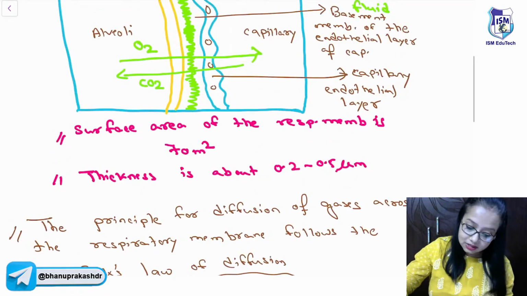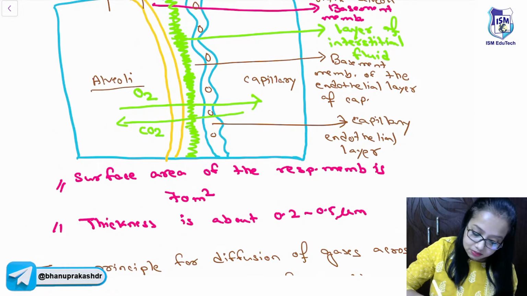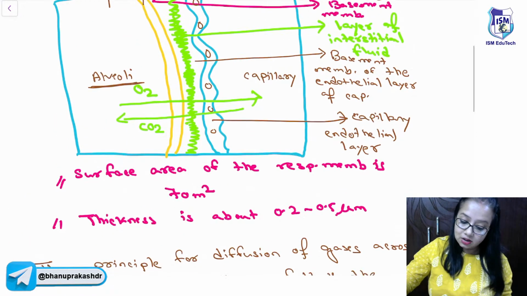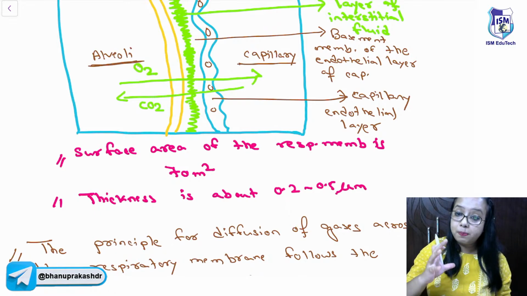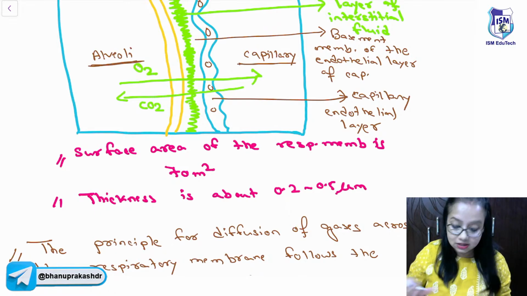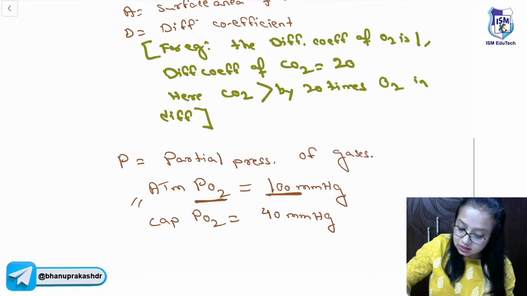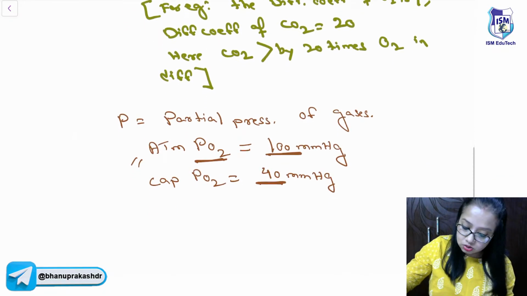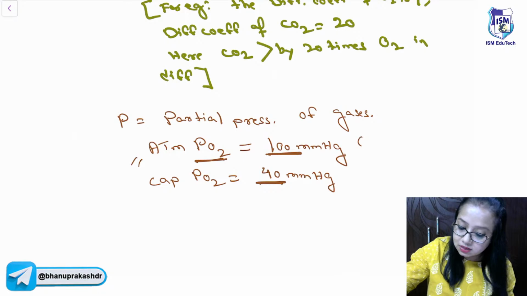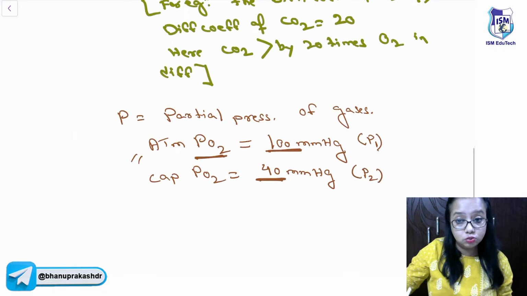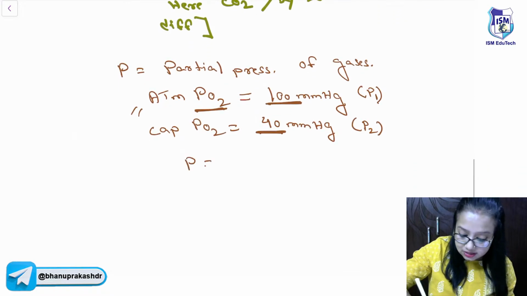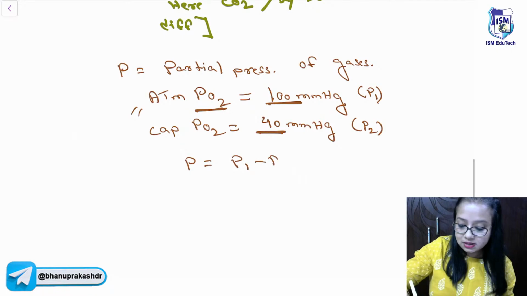That is the one that is coming through the alveoli, through this structure. Now, in the capillary, the partial pressure of oxygen is only 40. So if we designate the atmospheric pressure as P1 and that in the capillary as P2, then P is equal to P1 minus P2.